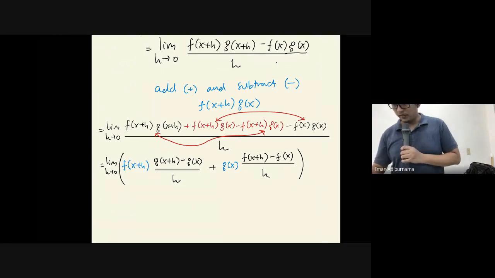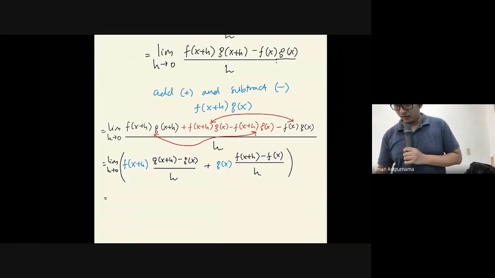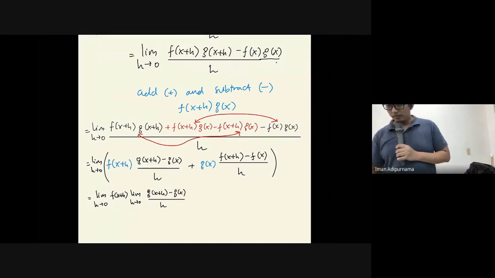And then I can write this as the first one here, and then the second one, all with the limit, and then plus, plug in the limit and write all the limit expressions.